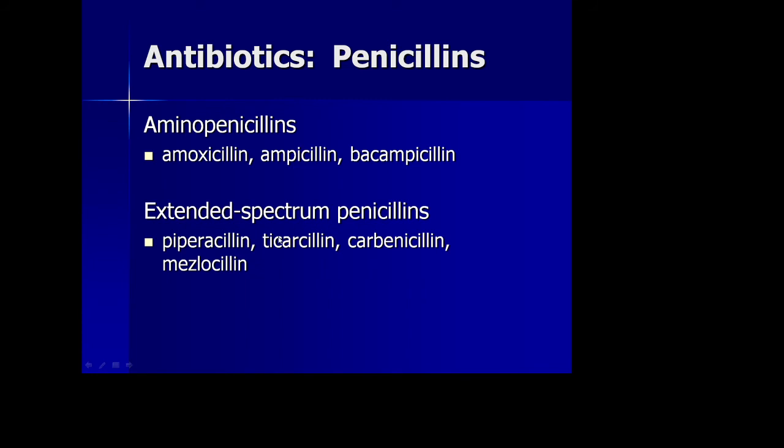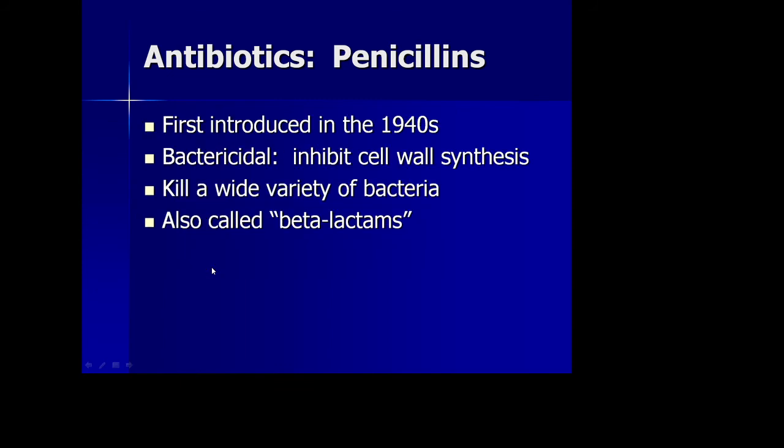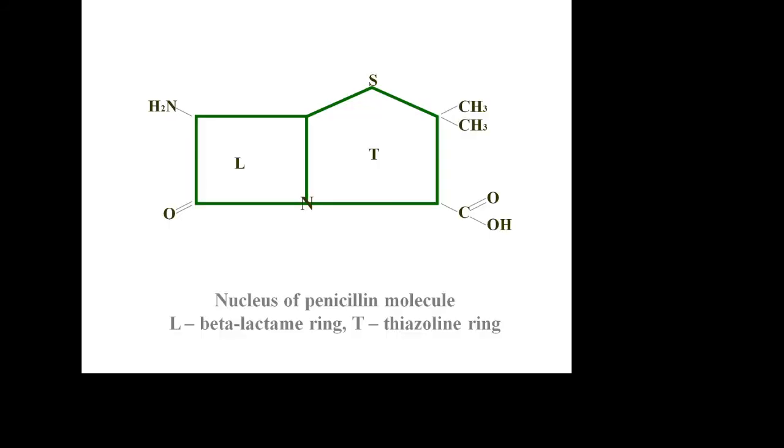Extended spectrum penicillins include piperacillin, ticarcillin, and carbenicillin. Basically, penicillin was introduced in 1940, and it is bactericidal because it inhibits cell wall synthesis, so that's why it shows bactericidal action. Next is the structure, which includes a beta-lactam ring and a thiazolidine ring.